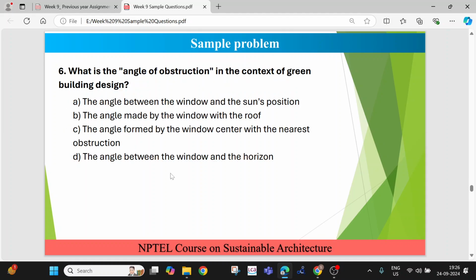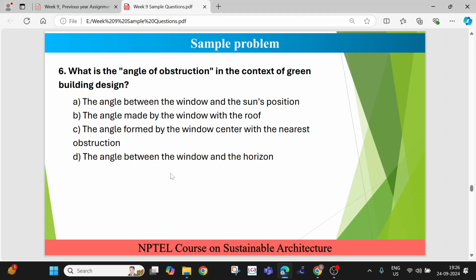Question number 6. What do you understand by angle of obstruction in the context of green building design? Fine.